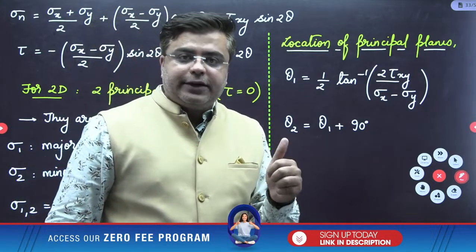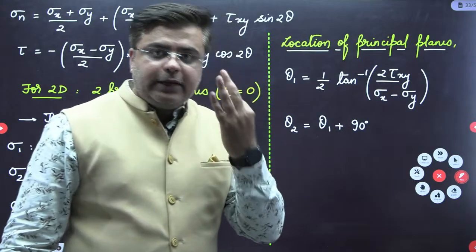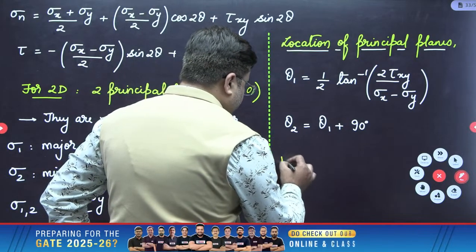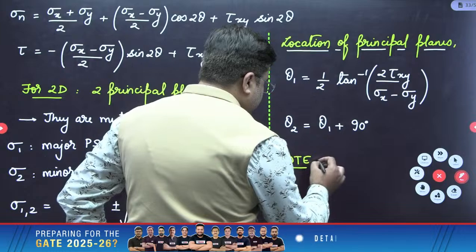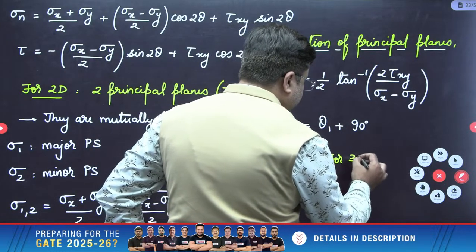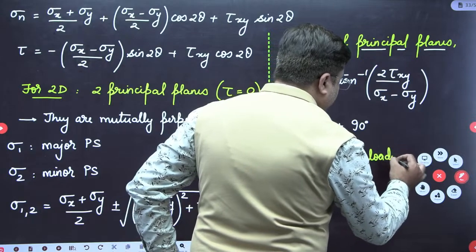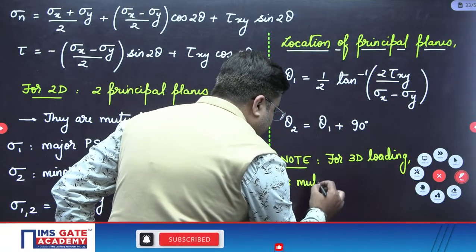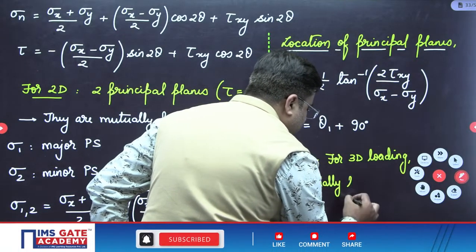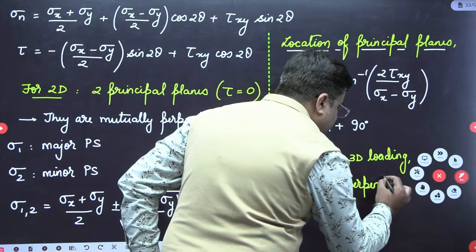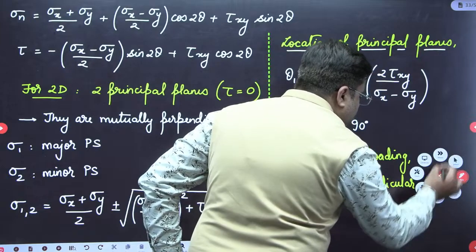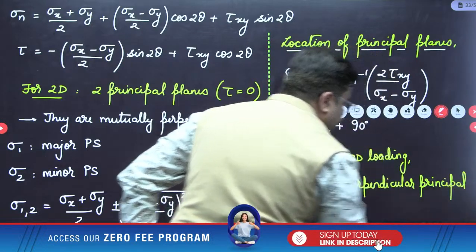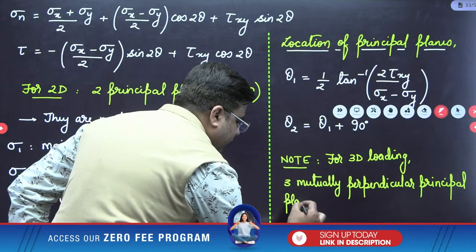If you have a 3D state of stress, there will be three principal planes and there will be three values of principal stresses. So you can write a note here: for 3D loading, there will be three mutually perpendicular principal planes, and there will be three principal stresses.